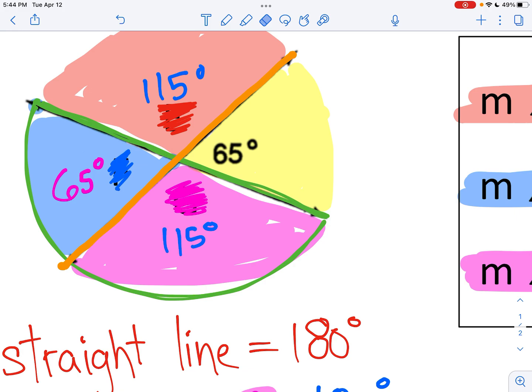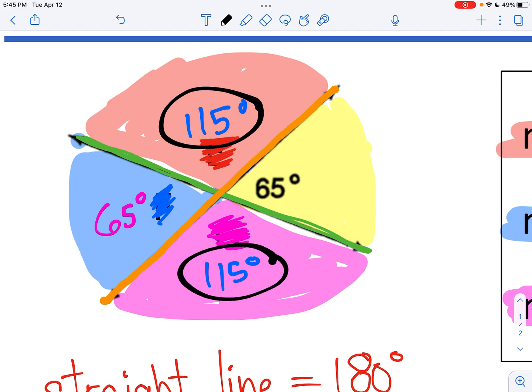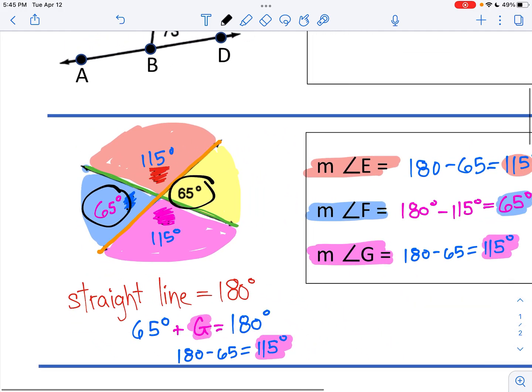So now I can see that there's a green line and an orange line, and together they make an X. The opposite sides of the X are the same. Here's the top of the X, it's 115. Here's the bottom of the X, it's 115. Look at the left side of the X, it's 65. On the right side of the X, it's 65. So these are called vertical angles. When you have an X, the opposite sides are the same in measure, in size.